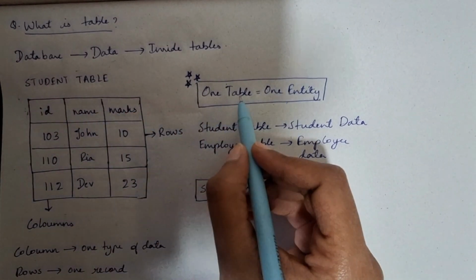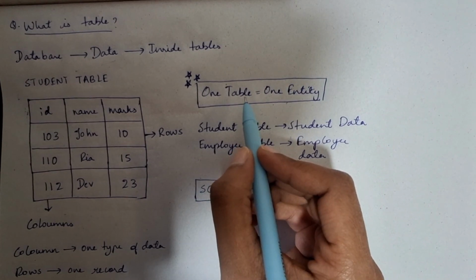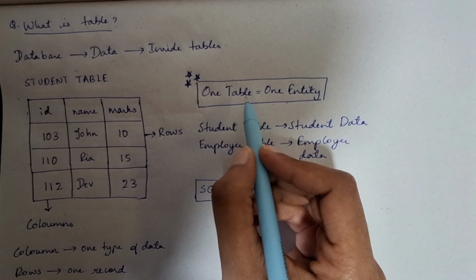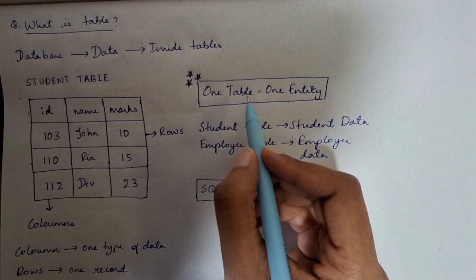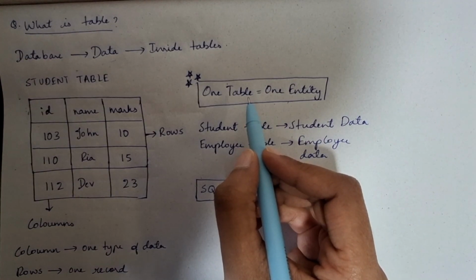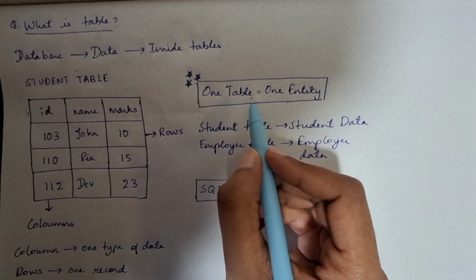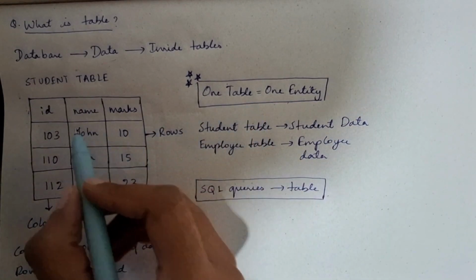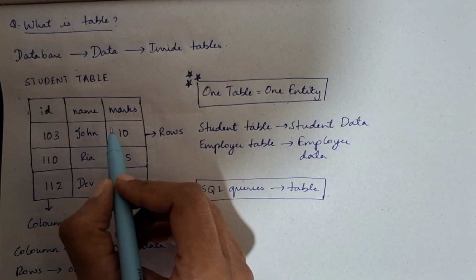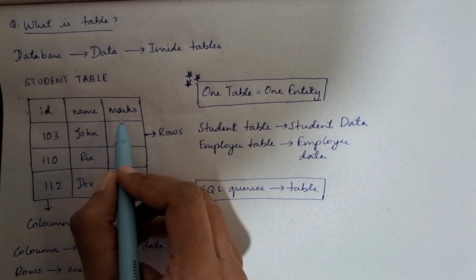Now listen carefully, this is very important. One table should store only one type of data. That is the one thing. And that one type of data is called an entity. Entity simply means what the data is about. If this is a student table, then it should store only student related data like student ID, student name, and student marks.